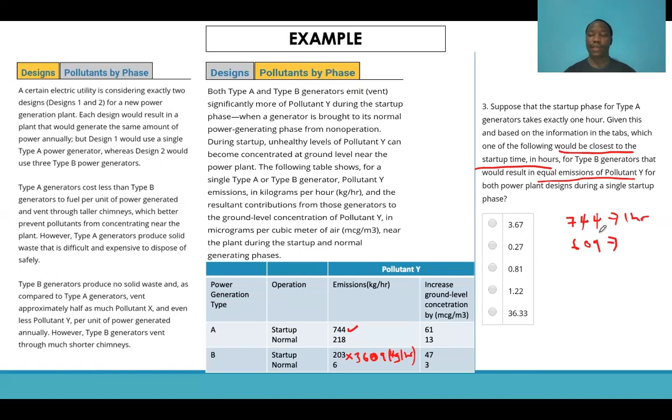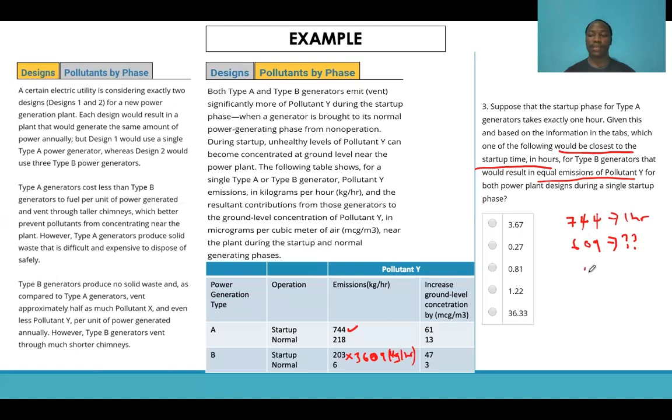All right. So if type A generators during a startup phase produce 744 kilograms per hour, what about 609? What about type B generators? How do you compare that generation in kilograms per hour to those of type A generators?